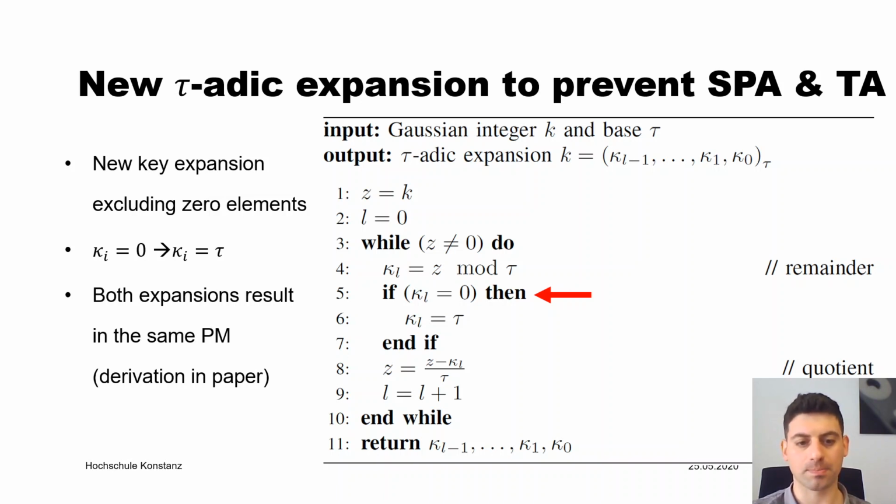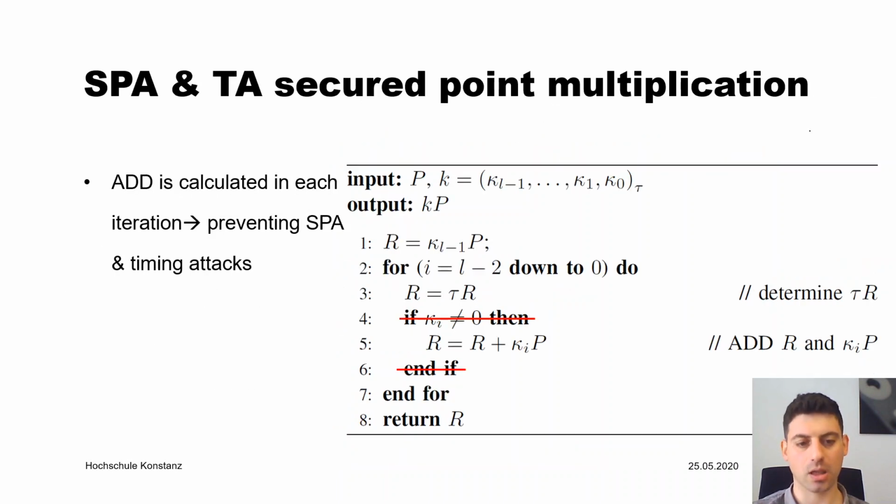This algorithm results in the same point multiplication, where the derivation is in the paper. Consequently, the add operation is calculated in each iteration of the point multiplication, independent of the value kappa i. This prevents simple power analysis and timing attacks.